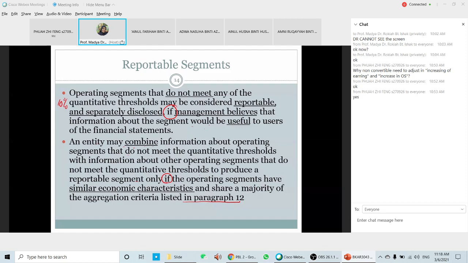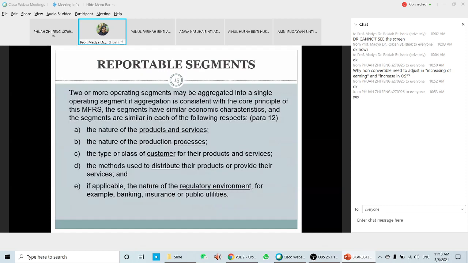So if there is a similar economic environment, they can combine them together to become a reportable segment.